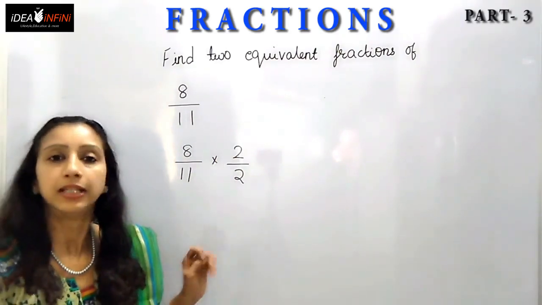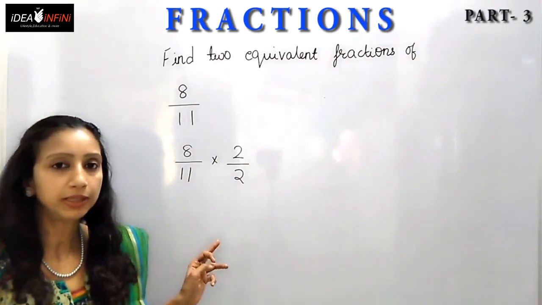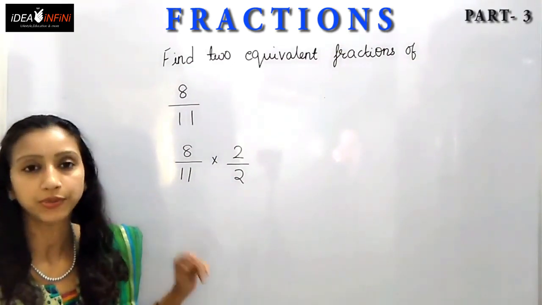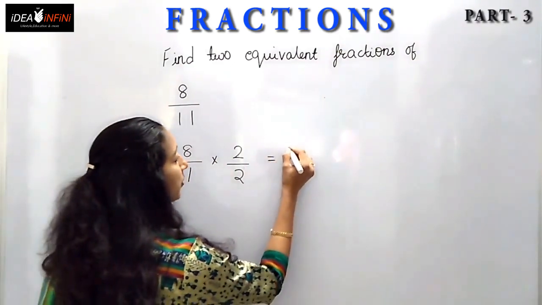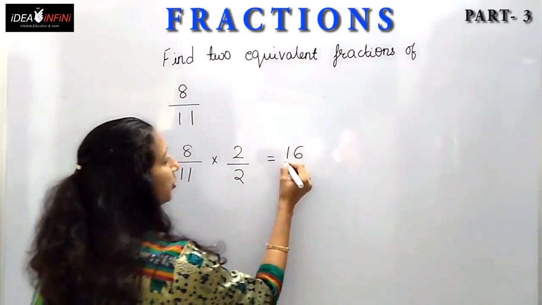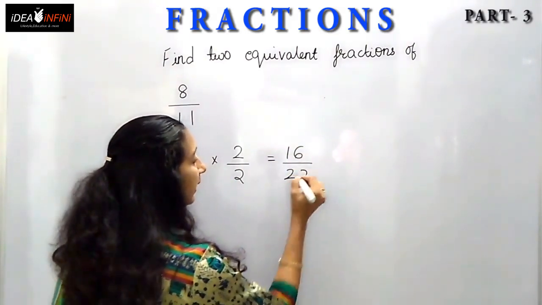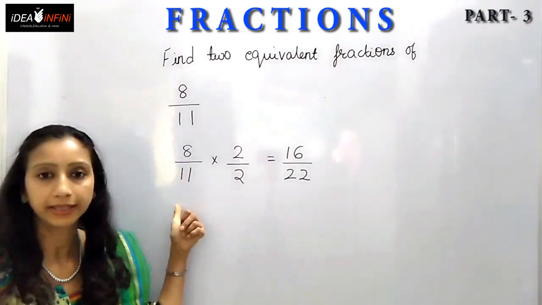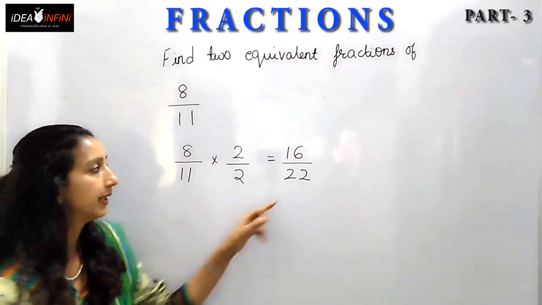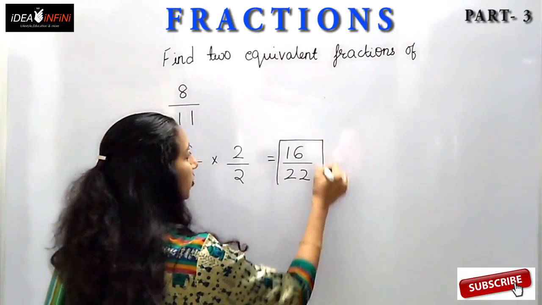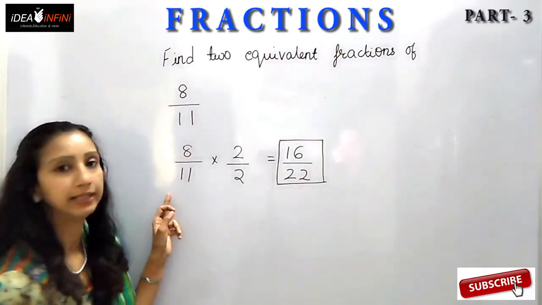I am multiplying the numerator by 2 and the denominator by 2, which will not change the number. So 8 into 2 is 16. 11 into 2 is 22. Once again, when you reduce this, you will get back 8 by 11. So this is one equivalent fraction of 8 by 11.